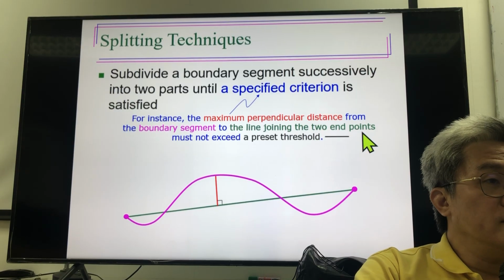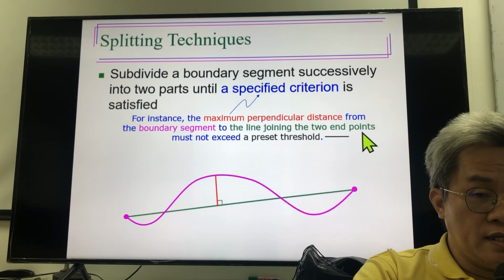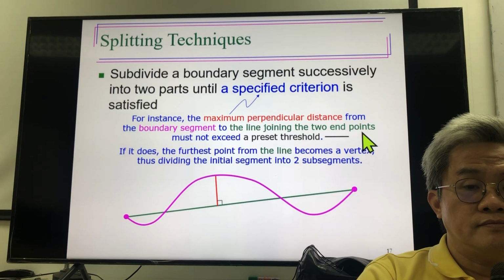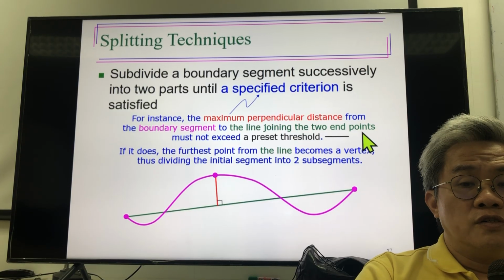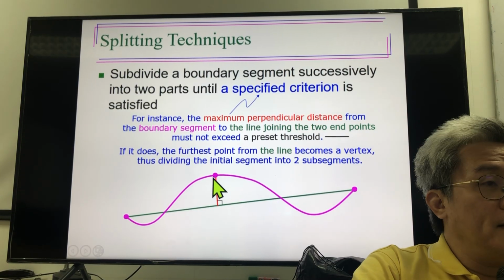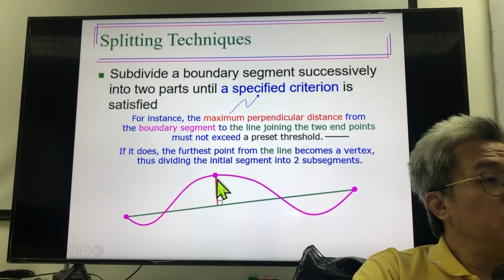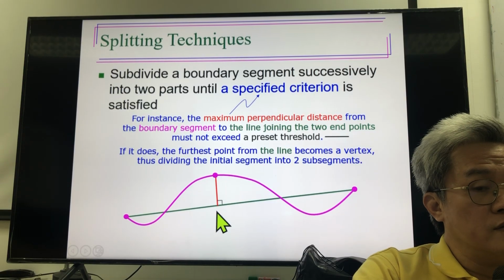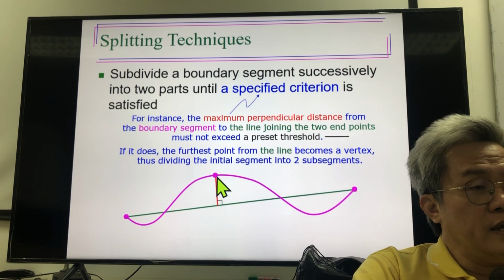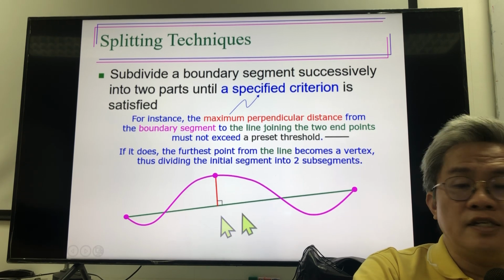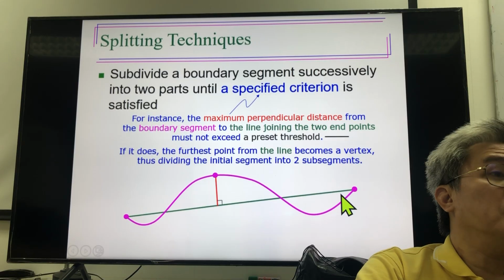When it's more than the threshold, you split it in half. So we'll split at that point where the maximum distance is, because apparently this straight line cannot represent this curve.